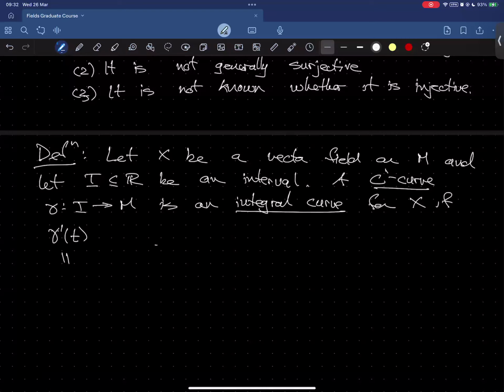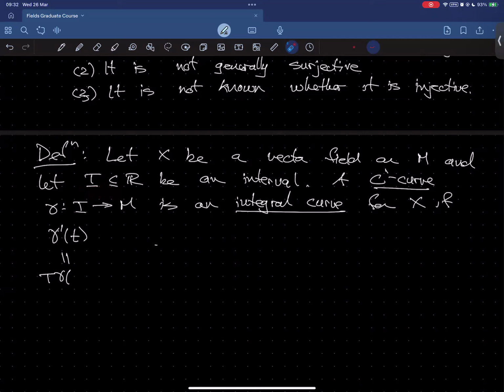Gamma is a C1 mapping from an interval into a manifold. So I can take T gamma, and when I do that, I evaluate this thing at points in TI. I is a subset, and there are some issues about the openness of I, but let me not fuss about those.